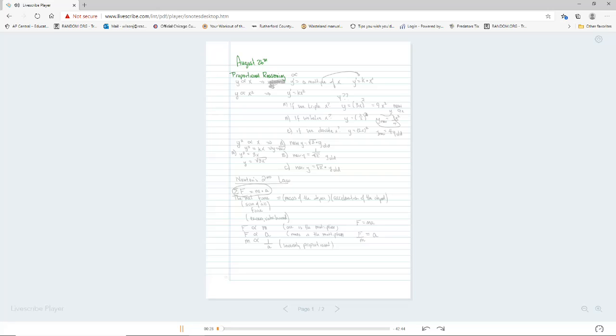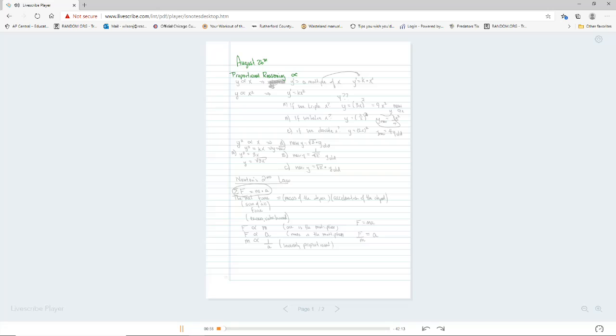The symbol for proportionality sort of looks like a little fishy that you might have made in elementary school. It's actually the Greek letter alpha, but it kind of looks like a little fishy. Put little wings on it, be a little eyeball. You don't have to be fancy.